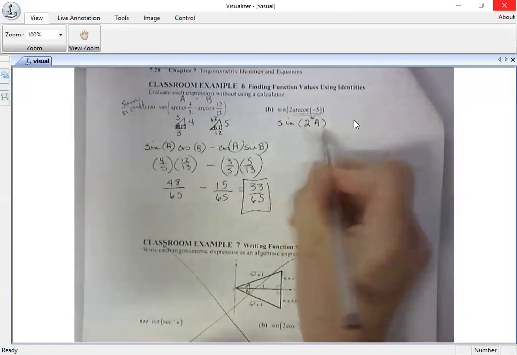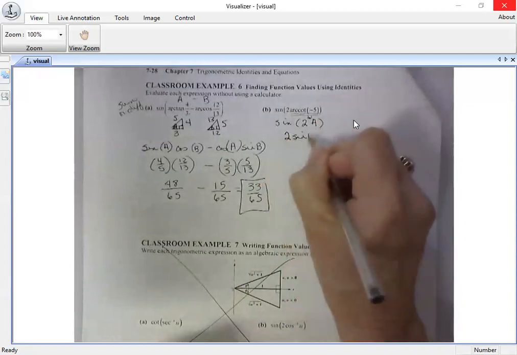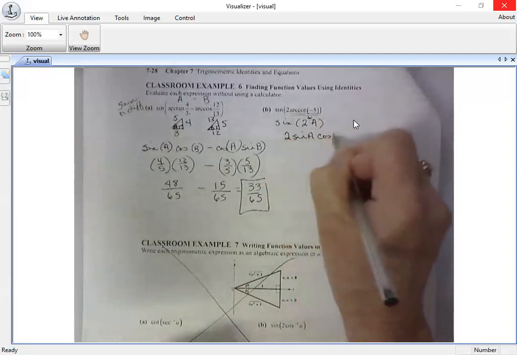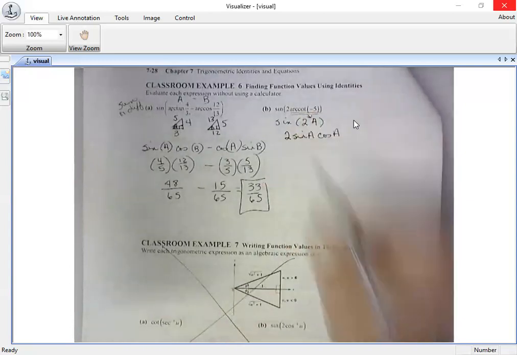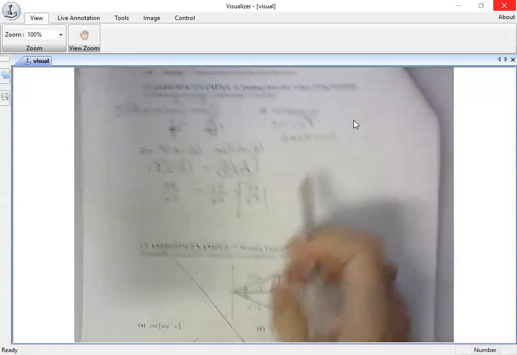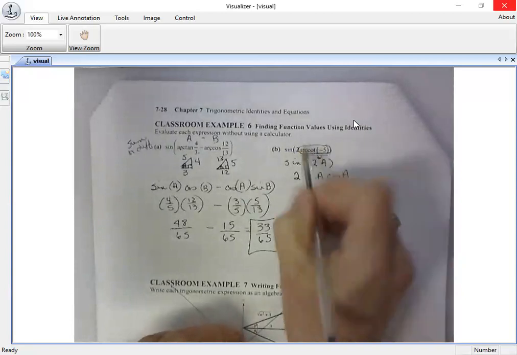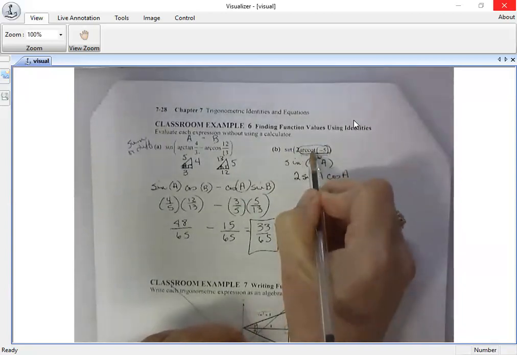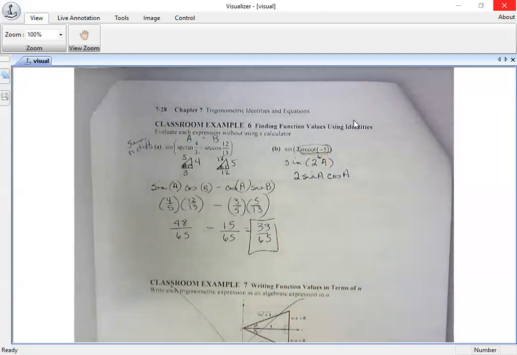So I can replace this with 2 times the sine of angle A times the cosine of angle A. Now the problem is I have to figure out what these values are if I know that the angle has a cotangent ratio of -5. So how am I going to figure out what the sine and the cosine would be that go with that?